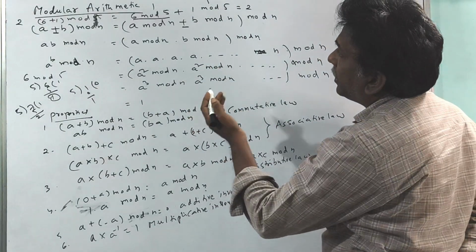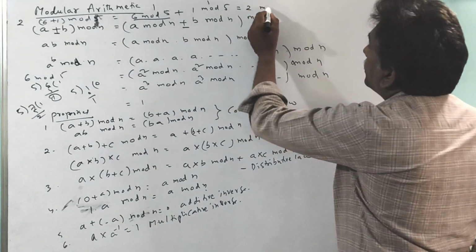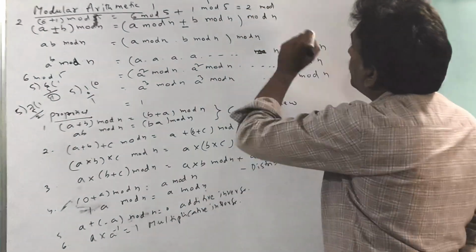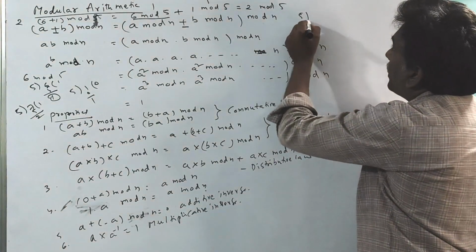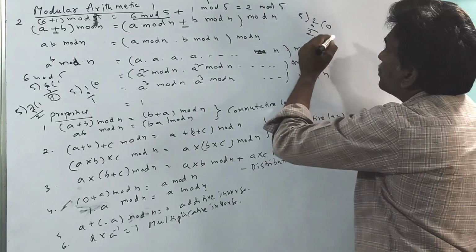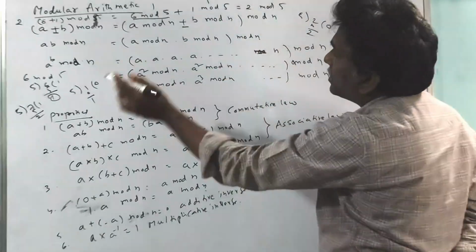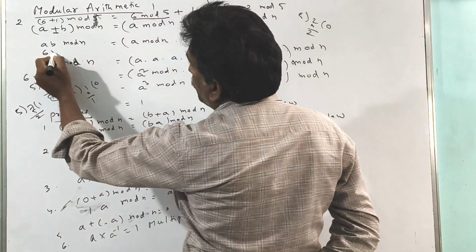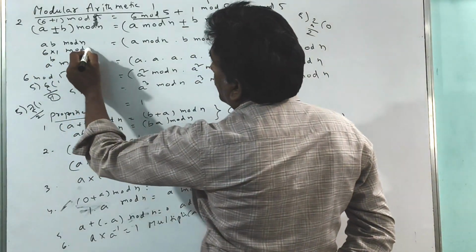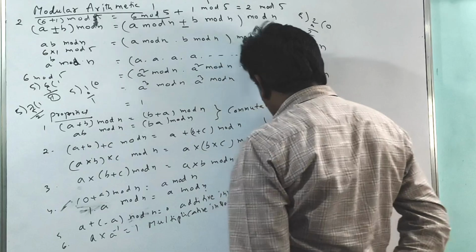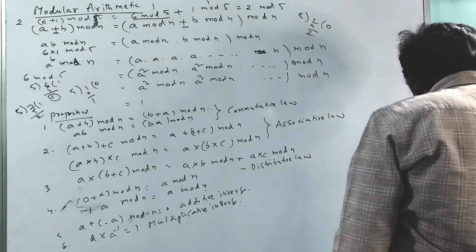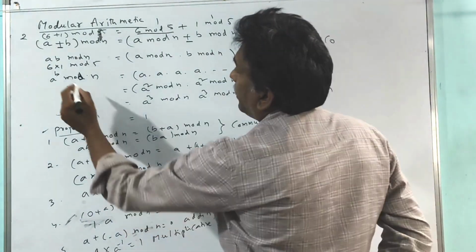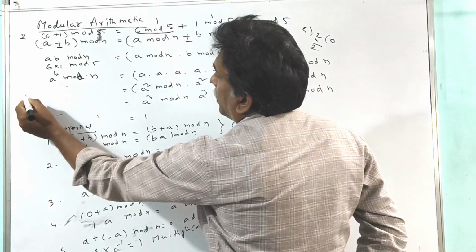If you want to apply mod n again, 2 mod 5: 2 divided by 5 is 0, remainder is 2. Okay, so this is the final answer. Now (ab) mod n, take the same values. So 6 into 1 mod 5. What is the value of 6 mod 5? 6 into 1, 6 mod 5.